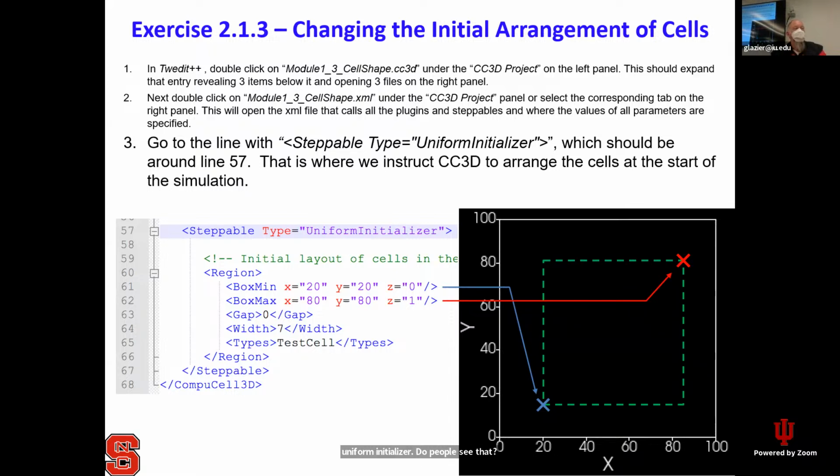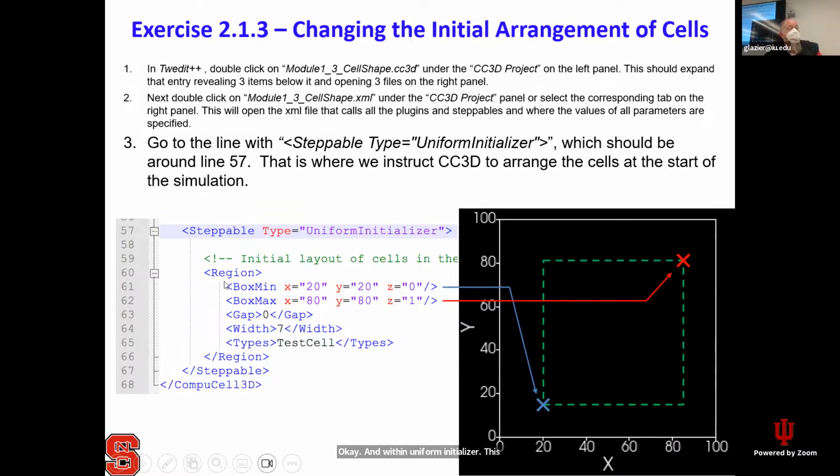It may not be quite line 57 in your case, but you should have it there. Everybody got that? There in Twitter, there are search functions. You can do control F and it'll do a find if you want to search for uniform initializer. Okay. And within uniform initializer, this does the initial layout of the cell.